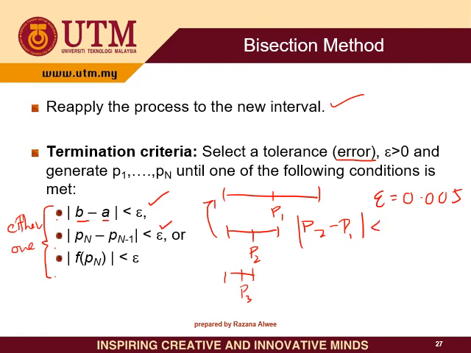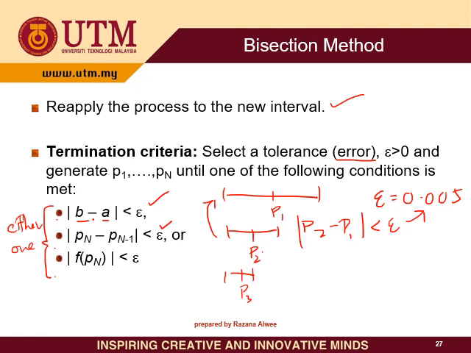If it is less than our error, let's say 0.005, then you can stop the calculation. Before this was the interval, now it is the P value: the P now and the P previously. If you subtract them and the difference is less than the error, you can stop the calculation.